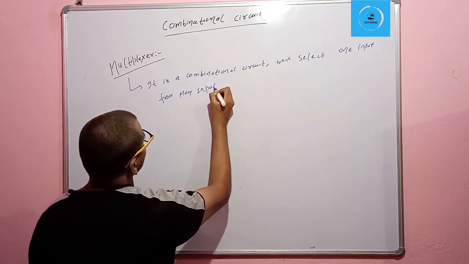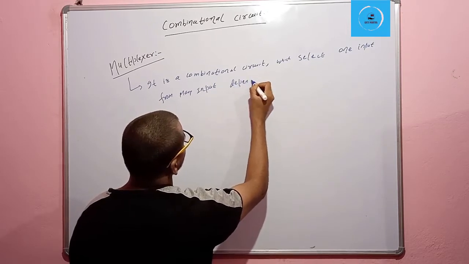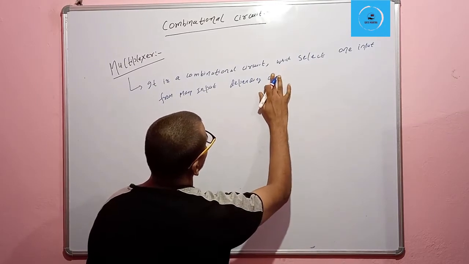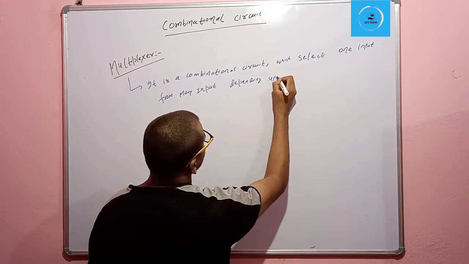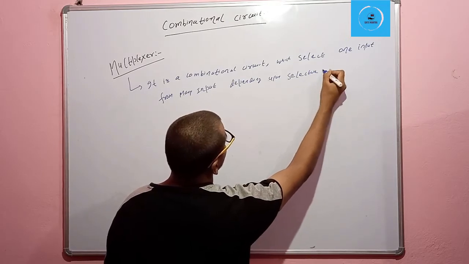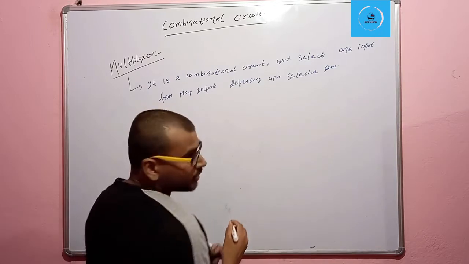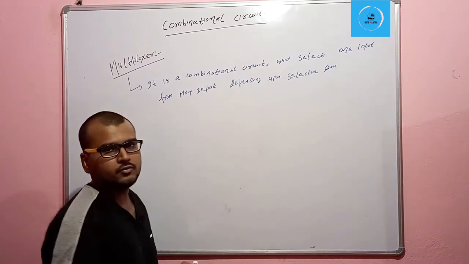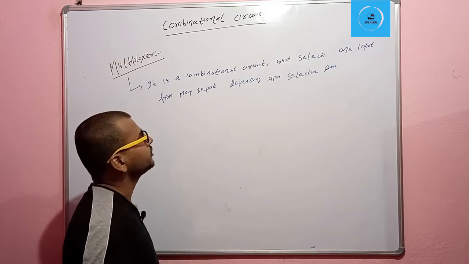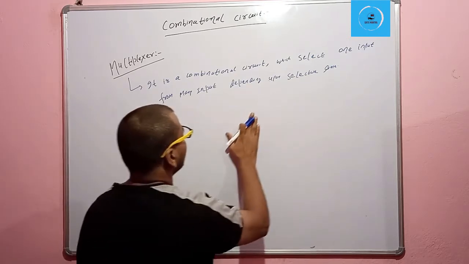It is going to select the one input from many inputs depending upon the selective line. Okay, so what is the multiplexer? Multiplexer is a combinational circuit which is going to select one input from the many inputs depending upon the selective line.